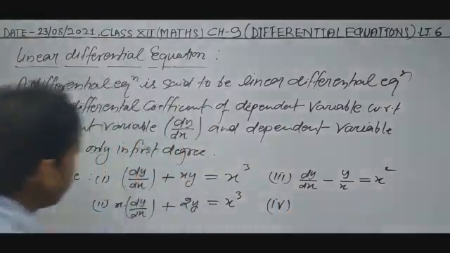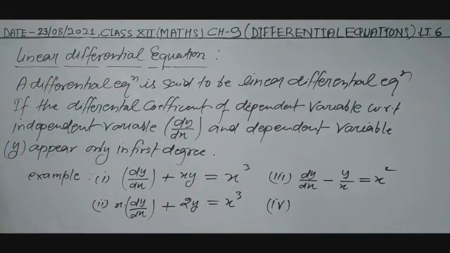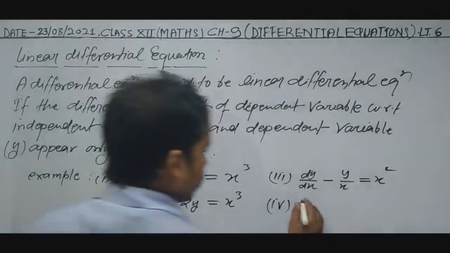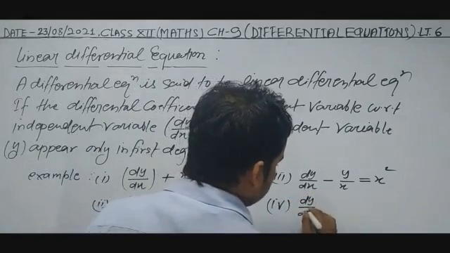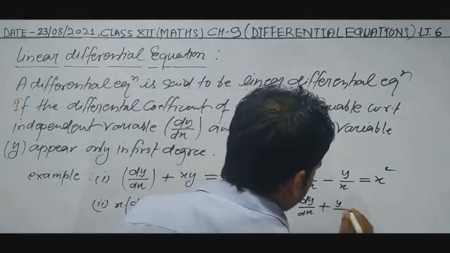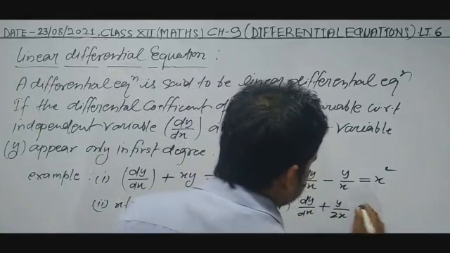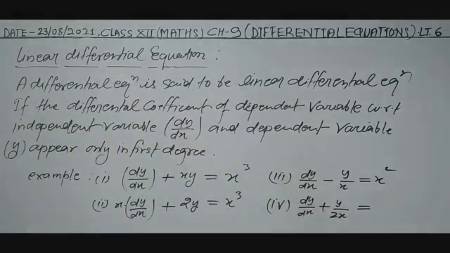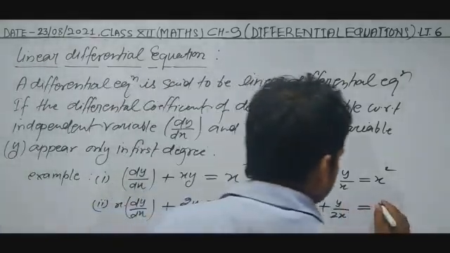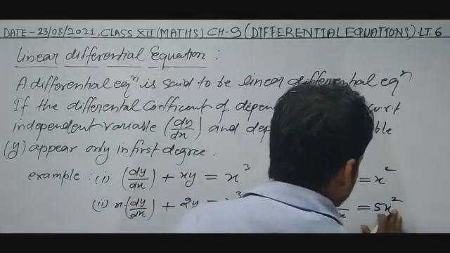And the fourth example is dy by dx plus y by 2x is equal to, suppose, 5x square.